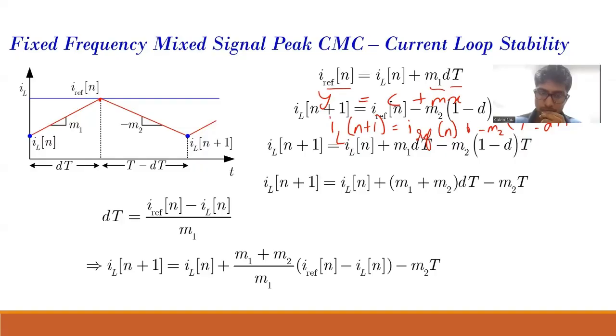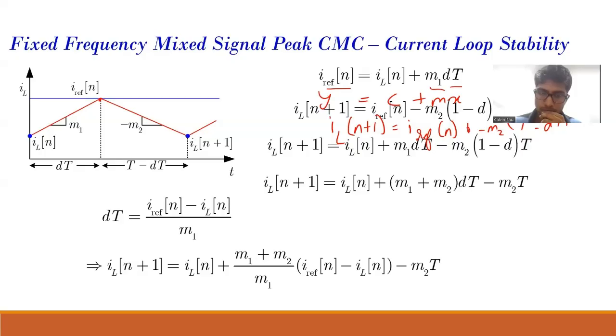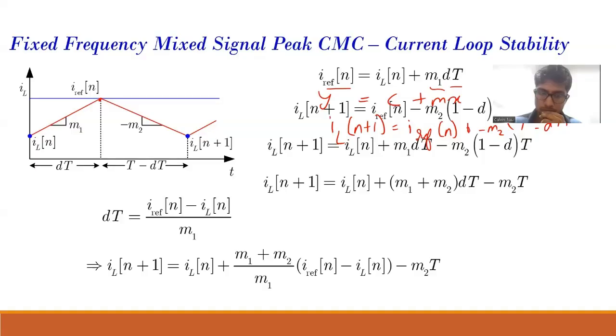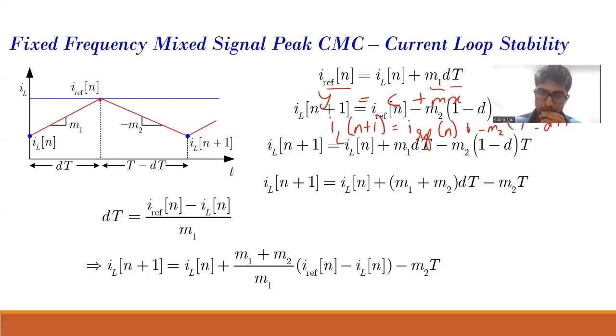V output upon Vn minus V output is less than 1. So I get V output is less than Vn minus V output. 2V output is less than Vn. So V output upon Vn should be less than half. This is the duty ratio. So my duty ratio should be less than half.